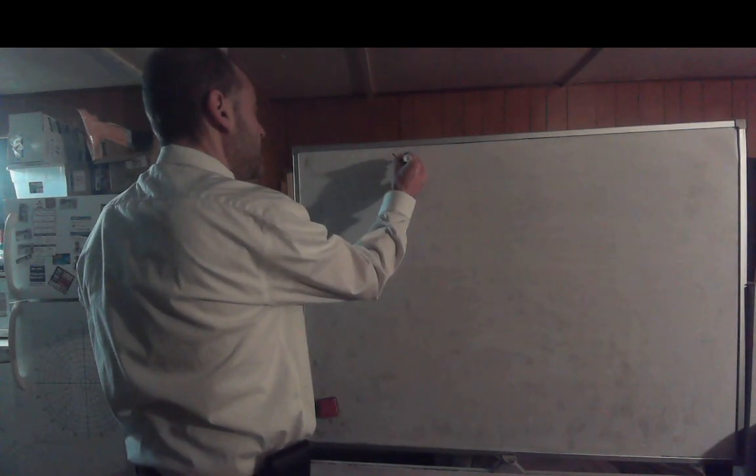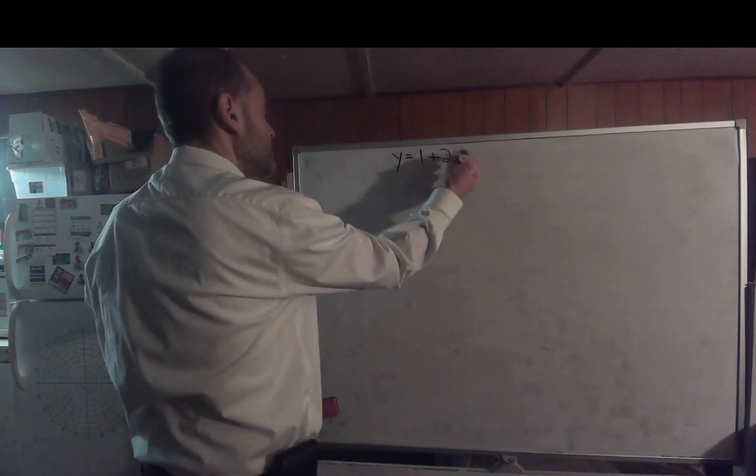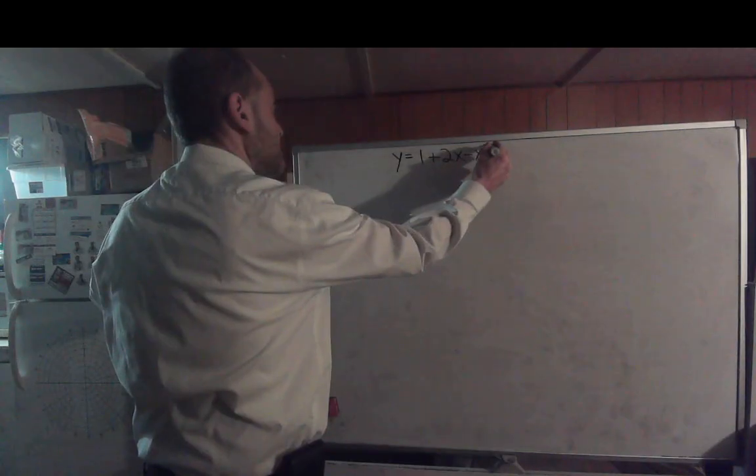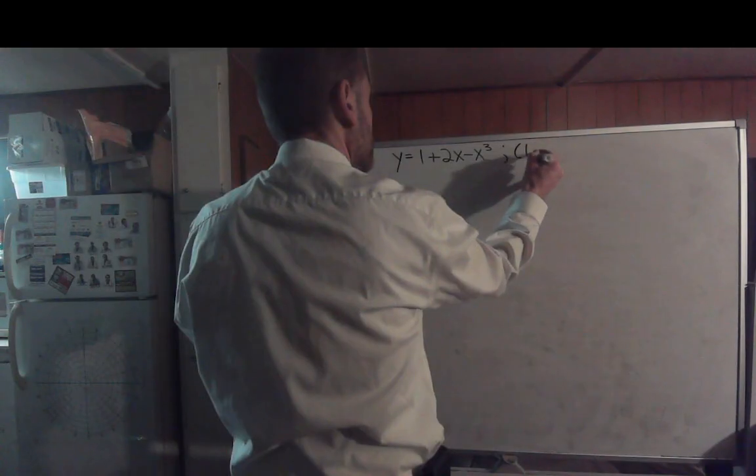Alright, so I have here the equation y equals 1 plus 2x minus x to the third at the point (1, 2).